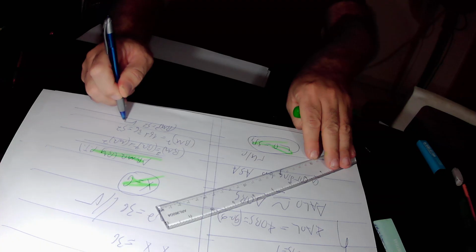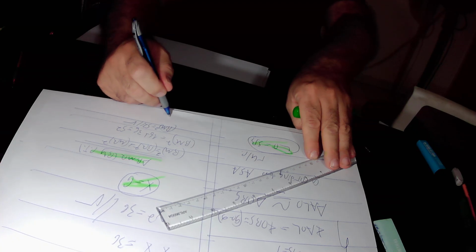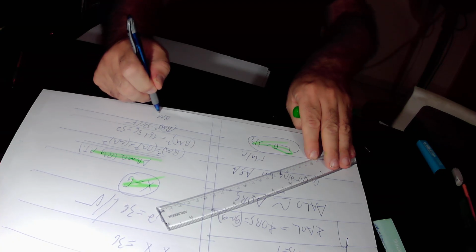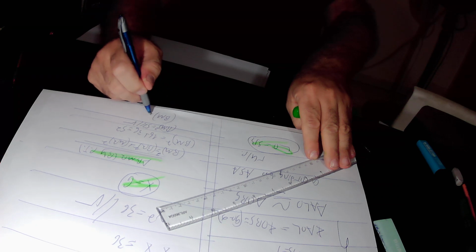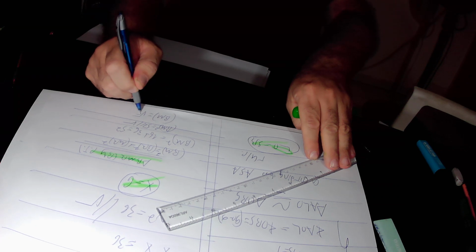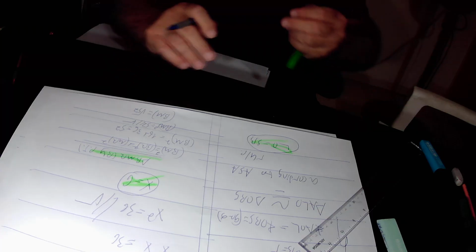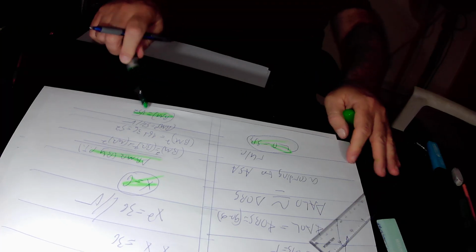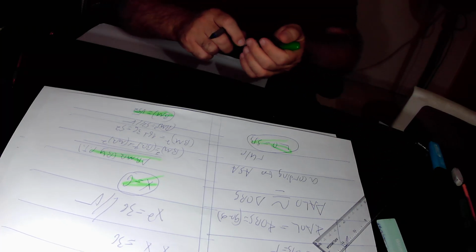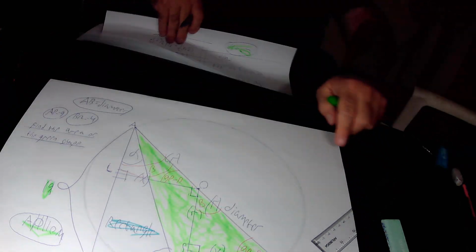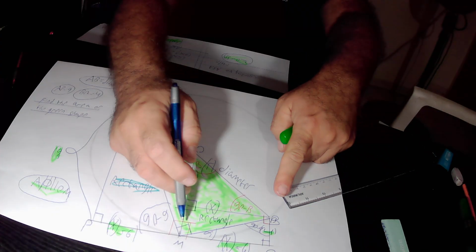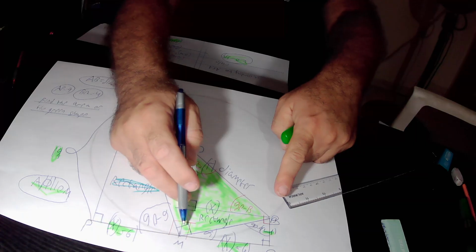Here we take the root of this equation and find that BM, the missing hypotenuse, is equal to the square root of 52 units in its length. This is side BM that equals the square root of 52 units in its length.